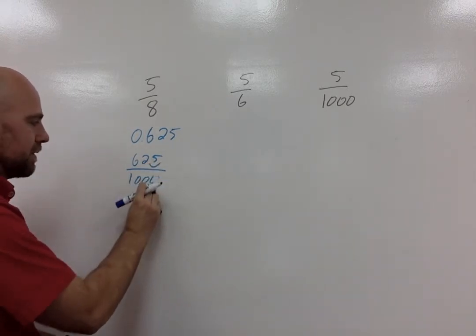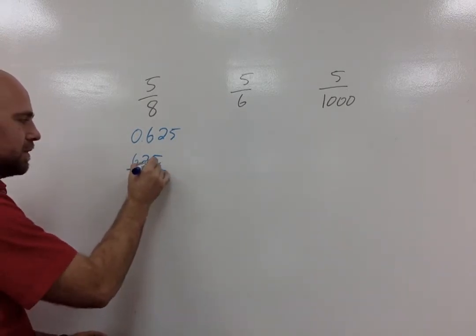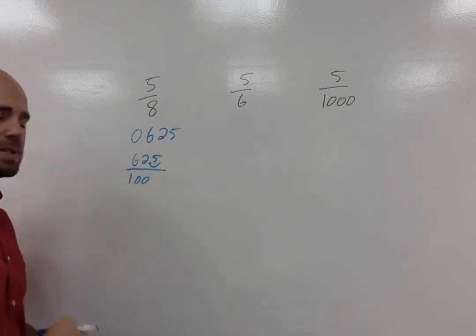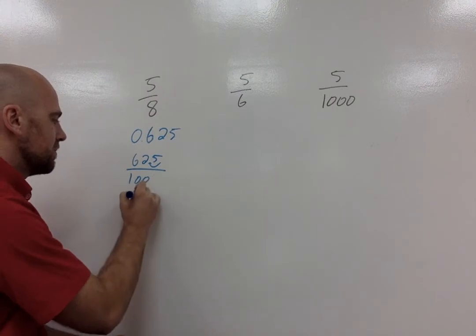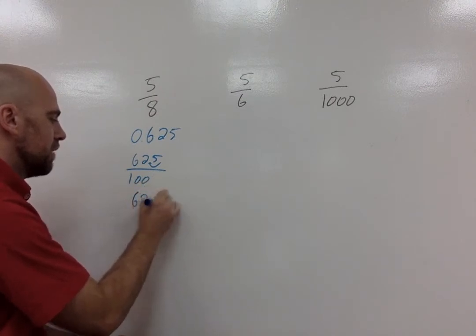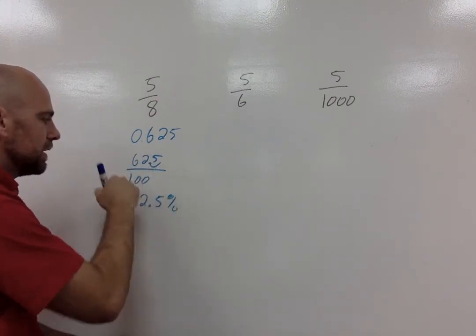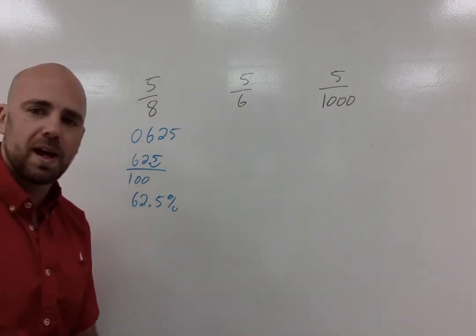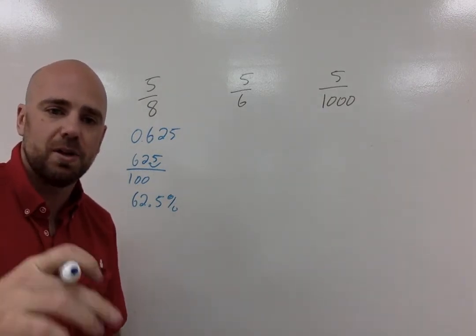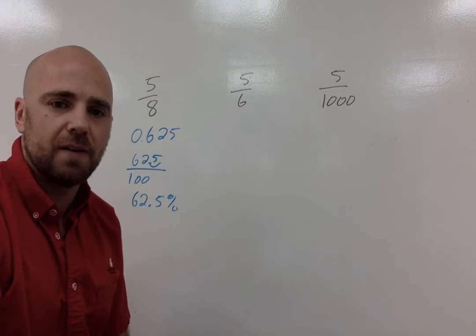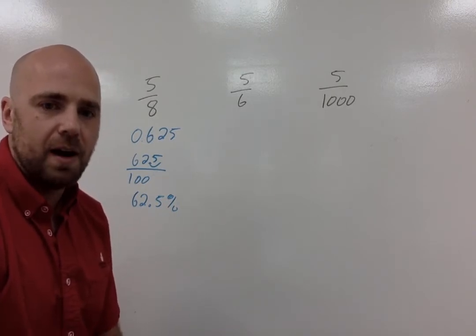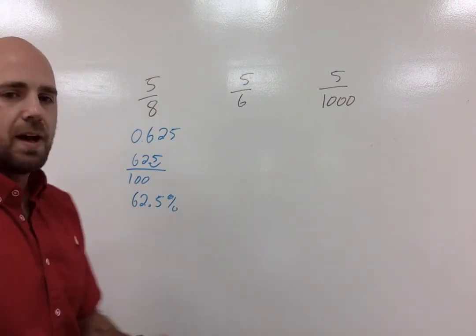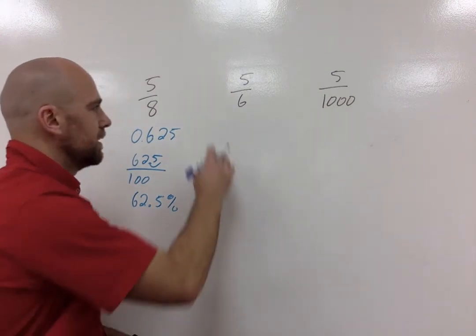So if I get rid of this, and then my decimal comes here, I'm left with 62.5 out of 100, because that's what a percent is. So my percentage becomes 62.5. This is the only time I'm ever going to be okay with you having a decimal in your fraction.